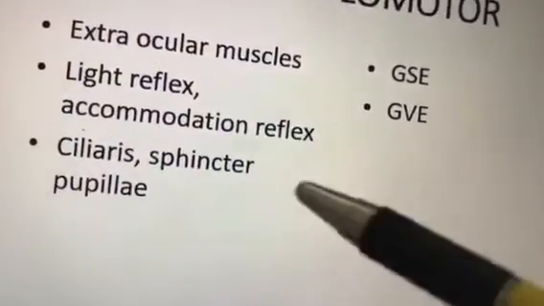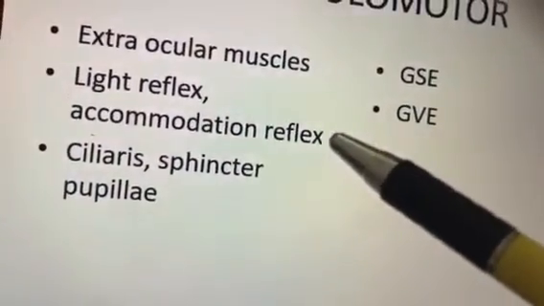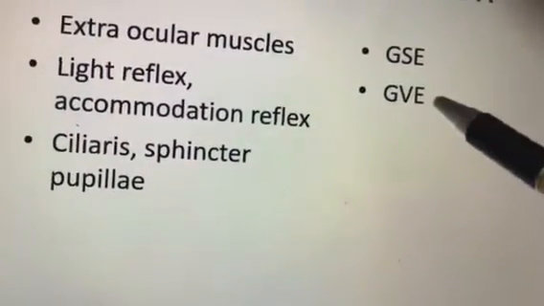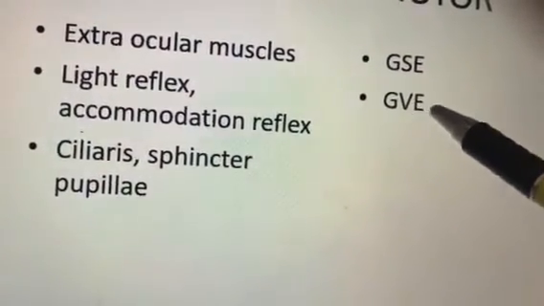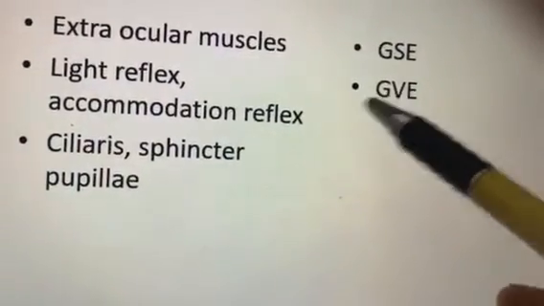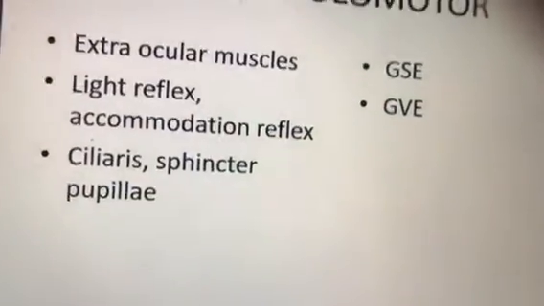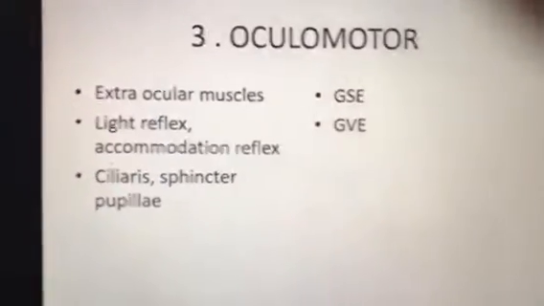Dilator pupillae and ciliaris are related to smooth muscle. Smooth muscle means visceral. So general visceral efferent. It is supplying the muscle, that's why it is called efferent, and it is not a skeletal muscle, it is a smooth muscle, that's why it is called visceral, general visceral efferent. Understood? So this is about the oculomotor.